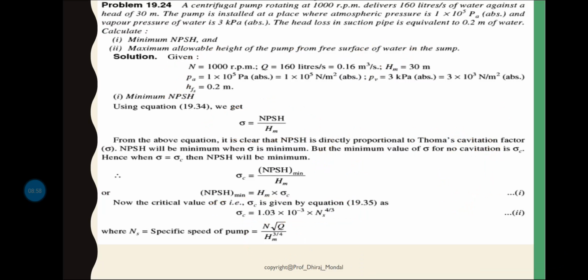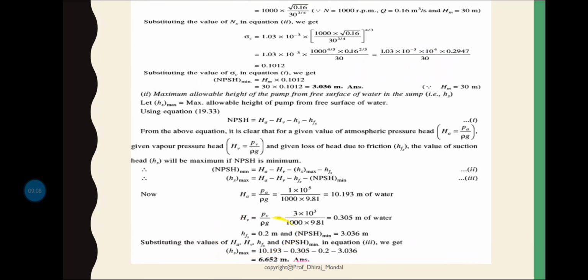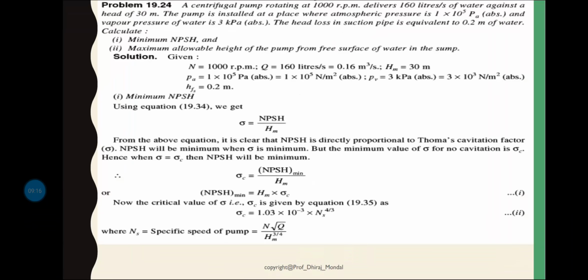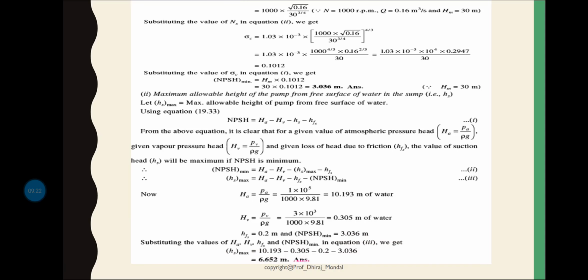Okay, so n is given, ns is not given, sorry, HM is given as 30. So you can find out the specific speed from this equation. Clear? So put the value of the specific speed, and you will get the critical value of sigma.